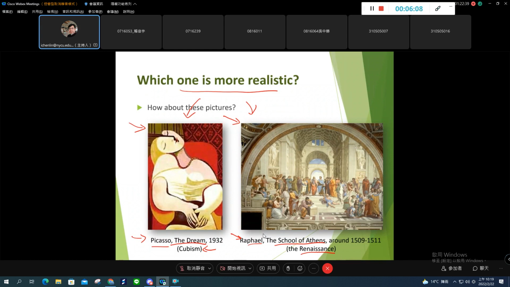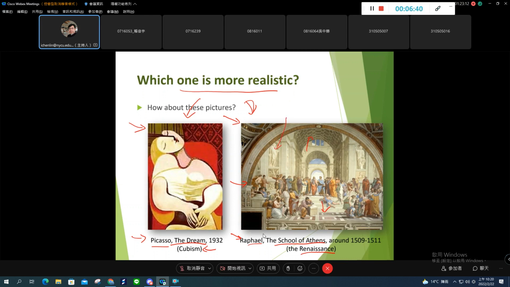Okay, so let's move to the right hand side, Raphael's. This is indeed a painting, not a photo, and it is painted on a wall in Vatican City. You can see that the ground looks correct, and the doorway looks correct. However, the lighting may not be perfect.